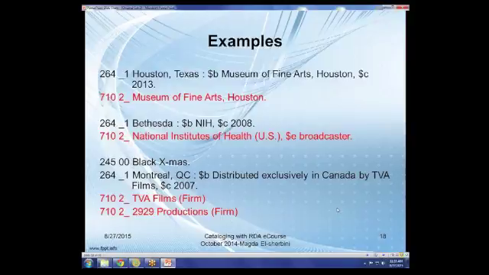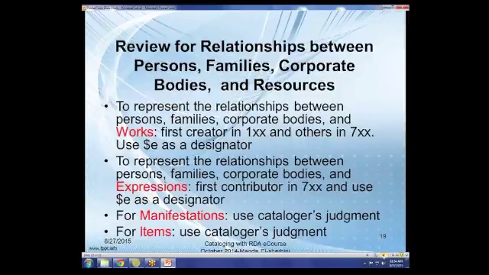Okay, here are some more examples we mentioned of instances where an organization or group has a relationship to a work or expression. So broadcaster, a TV network or something like that, a museum, different film production firms. So to review it here, representing the relationship between Group 1 entities, persons, families, corporate bodies, and the works that they have helped create.